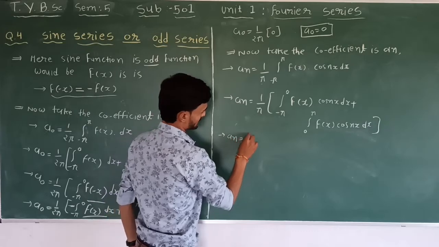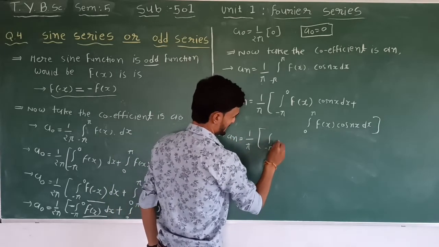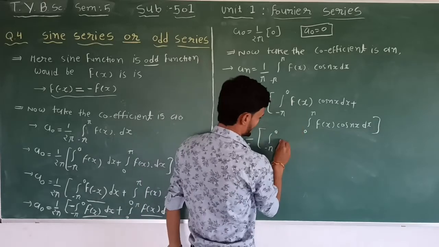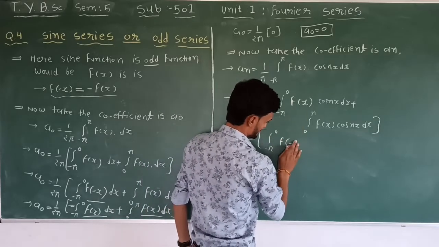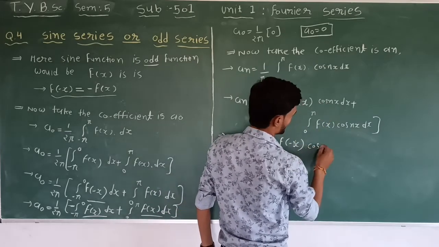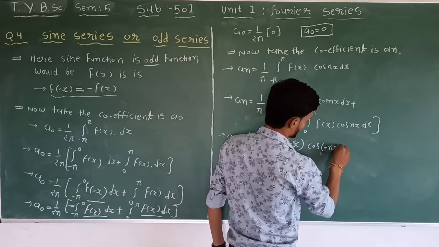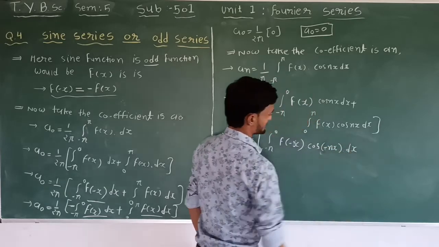So An is equal to 1 upon pi, integral from minus pi to 0 of minus f of x into cos of minus nx into dx.